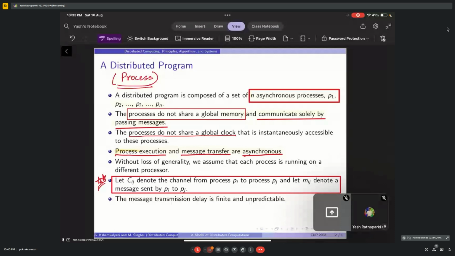Maybe this is my Pi and this is my Pj. Any message in the general situation that is passed from Pi to Pj will be called Mij. Understood? Is it clear to all of you? Okay, I assume it is clear.